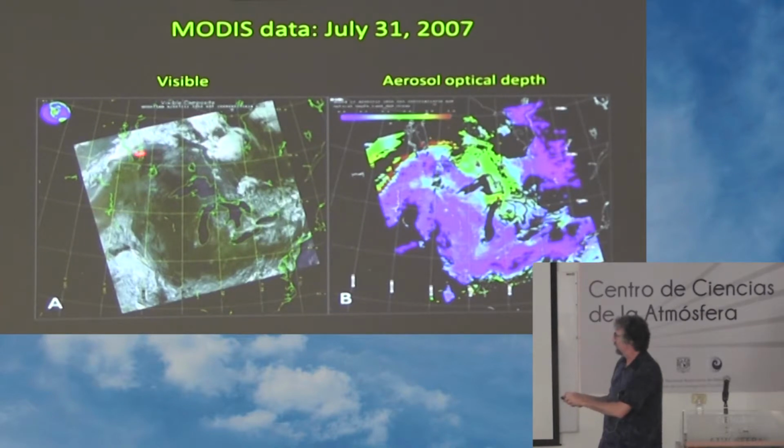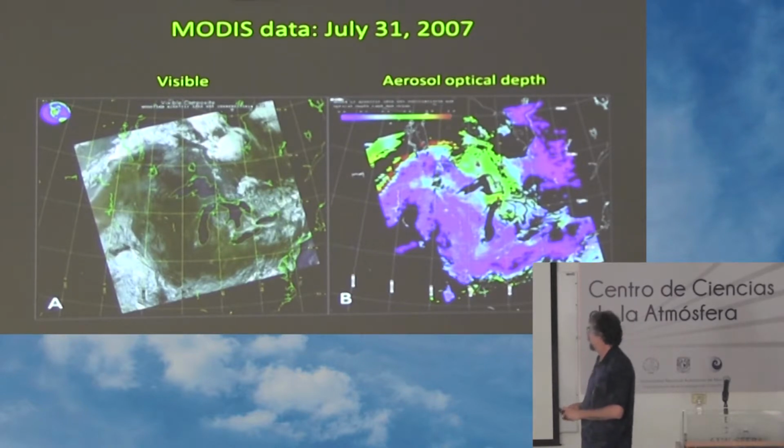You can see the forest fire plume here, and also here. These are where the fires are. The winds are moving the plume over here. So you can see the higher values of optical depth here. Okay, so this is the product.